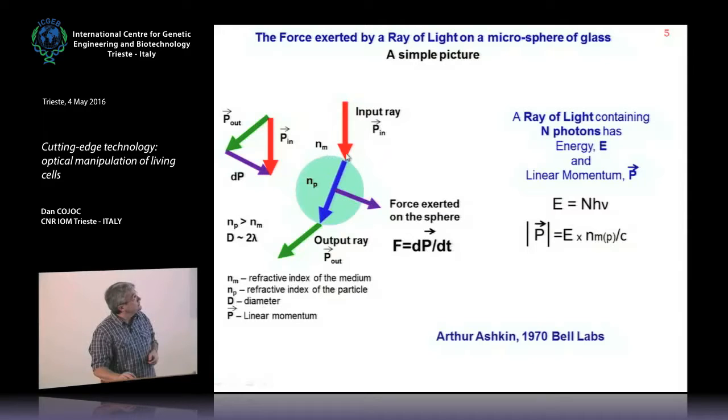The ray of light is bent, and again bent, and then if we apply the conservation law of momentum, we have the variation of the momentum which gives rise to the force. So the force of the photons exerted on the sphere, and then we have also the force exerted by the sphere on the photons.